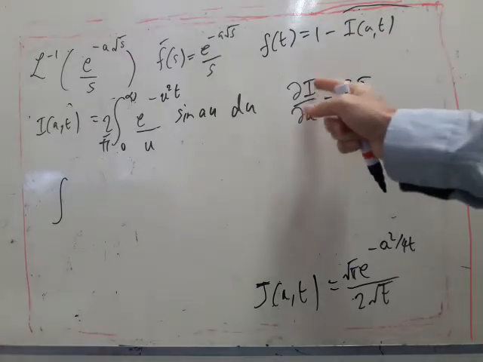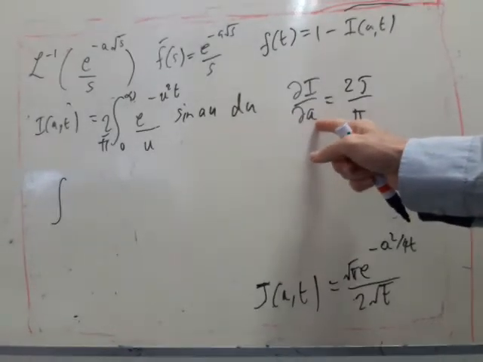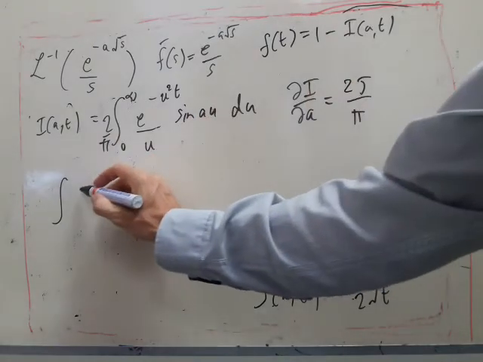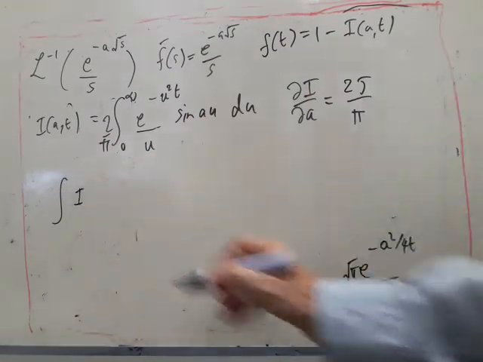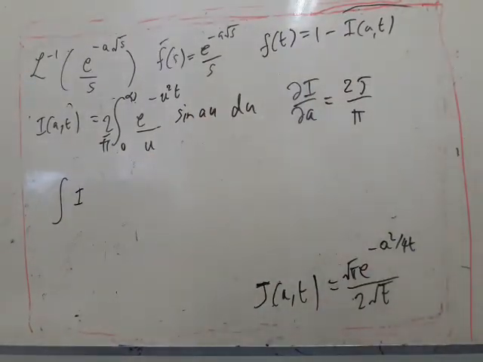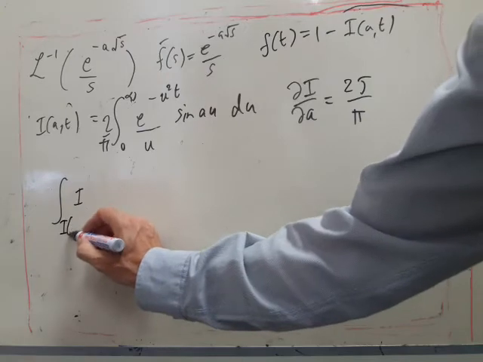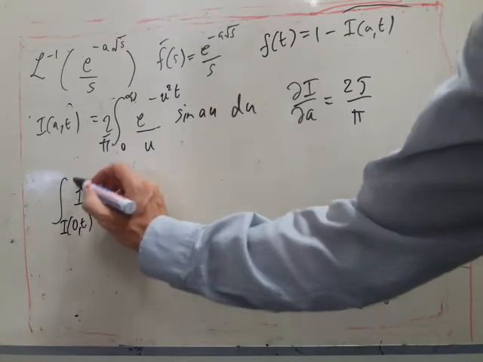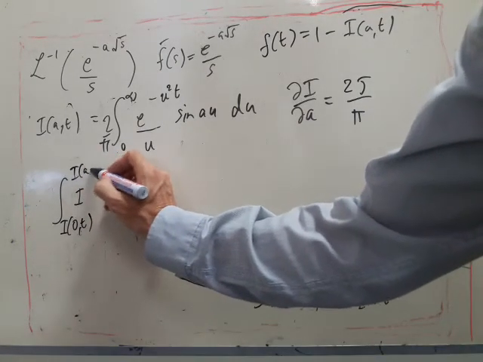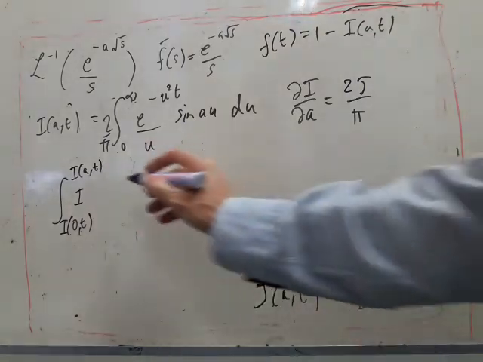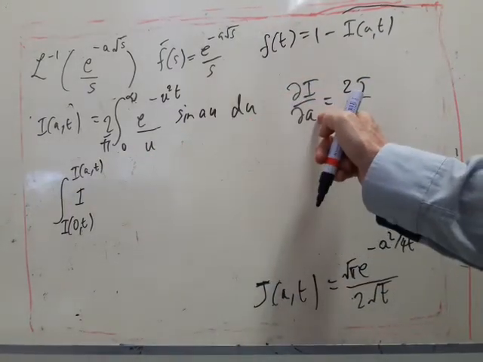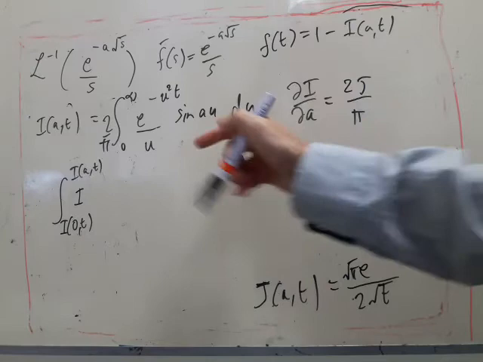So if I'm integrating dI/dA with respect to a, I just get I. So I get I, and then I can choose my limits of integration to be values of I. So I choose them for different values of a. So I choose it to be I at 0, t, and then actually the thing I'm trying to find is I at a, t. So I'm integrating this with respect to a. The dA's cancel and I get dI.